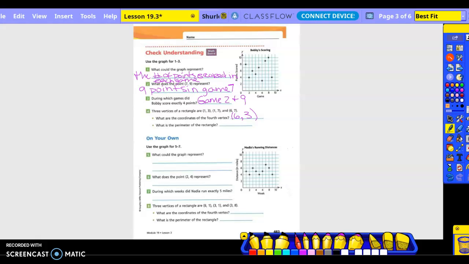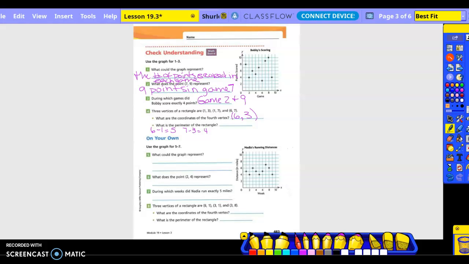Okay, so what is the perimeter of the rectangle? So we would do what? So we would have 6 minus 1 equals what? 5. We would have 7 minus 3 equals 4.